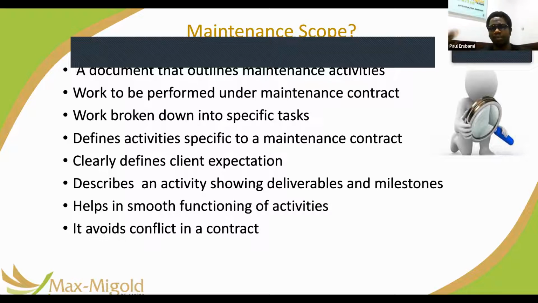So let me give you how I will repackage that generator contract. I will target maintenance service. I will put in the scope that says the oil is this quantity, the filter is this specification, the coolant is this specification and this quantity.